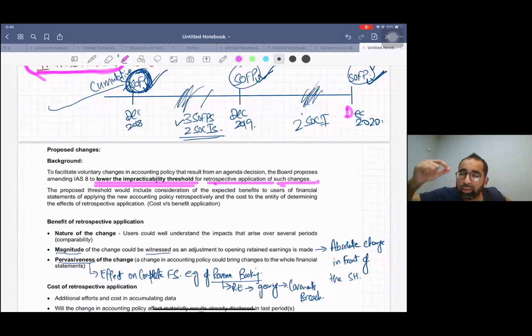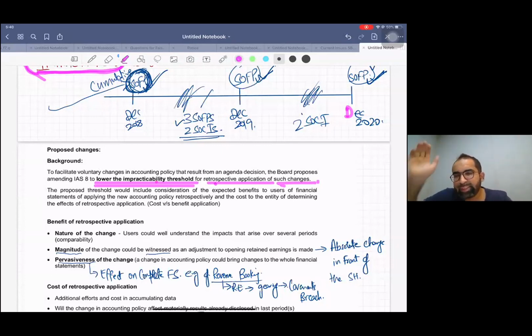Means, in short, the board is going to do relaxation in this IAS. That means now you don't need to go 10 years or 5 years back. They will set a time period that you should go only 2 years or 3 years back. They have not right now disclosed the threshold, but they are planning to make a threshold to make the application of this IAS easy.